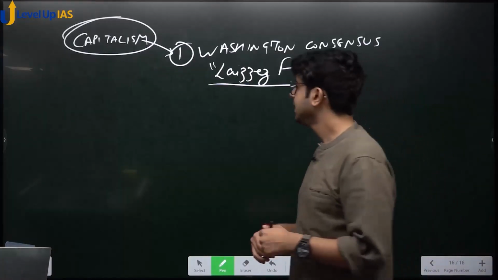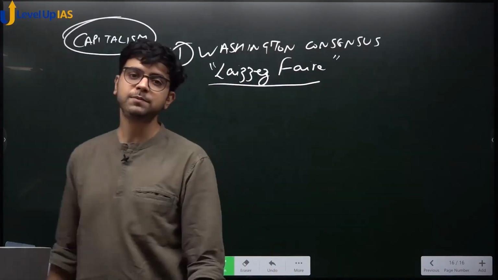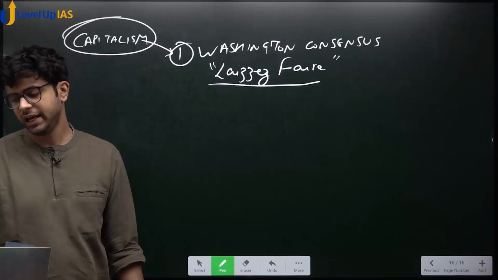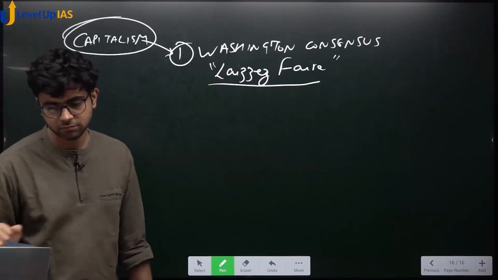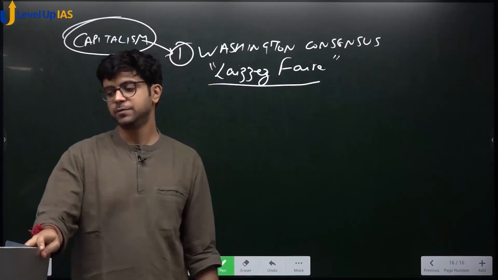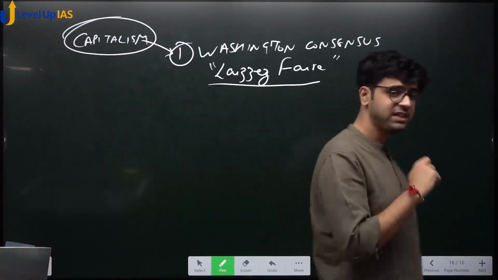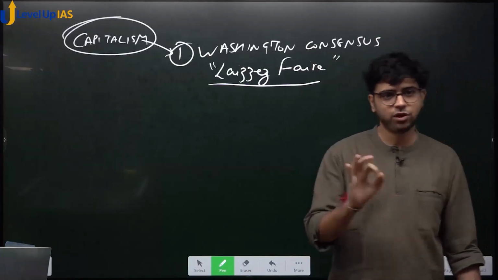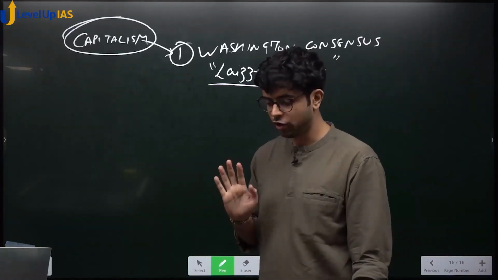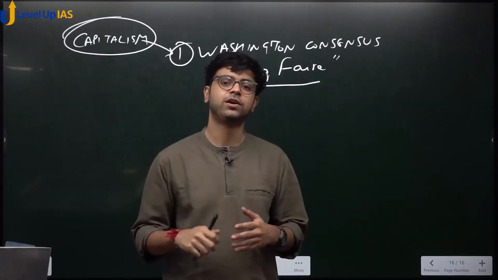Okay? So they introduced a laissez-faire policy. Now Adam Smith and other economists like, have you heard of John Stuart Mill? You will hear in political theory. Adam Smith, John Stuart Mill, Thomas Malthus. These were all economists who said that government should not intervene. These were all economists who said that market forces adjust automatically. These were known as classical economists.